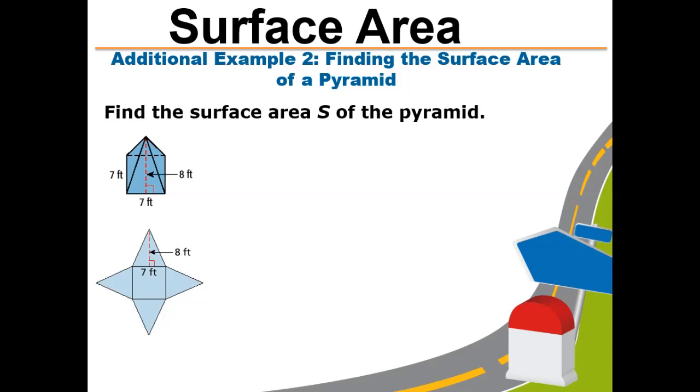Okay, how will we do this? Let's see. If I have a pyramid like this with dimensions as shown here, a square base with dimension 7, and a triangle with base 7 and height 8, how can I find out its area?